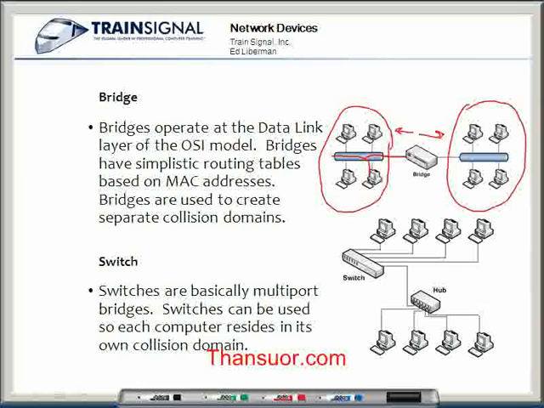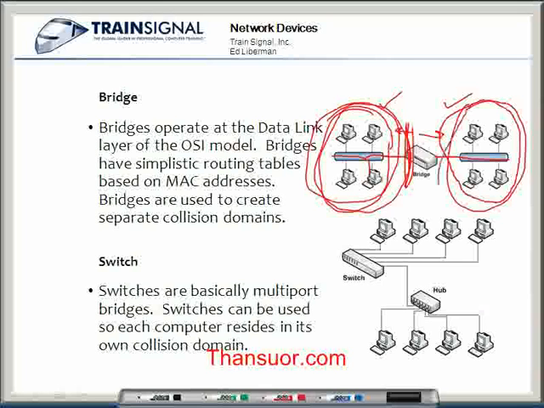But if it gets a transmission that is designated for one of these 4 computers, then it passes the transmission through. If it gets a transmission that is designated for one of these 4 computers, then it stops the transmission there. For that reason, only communications within this area can collide, and only transmissions within this area can collide, therefore separating this into 2 separate collision domains.